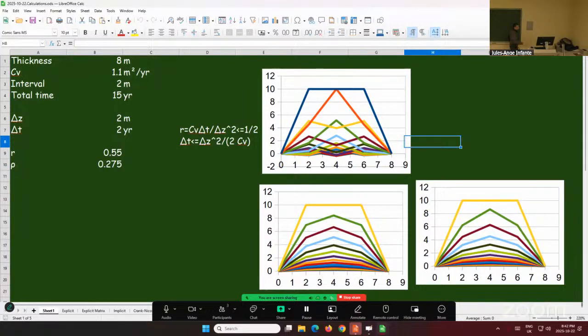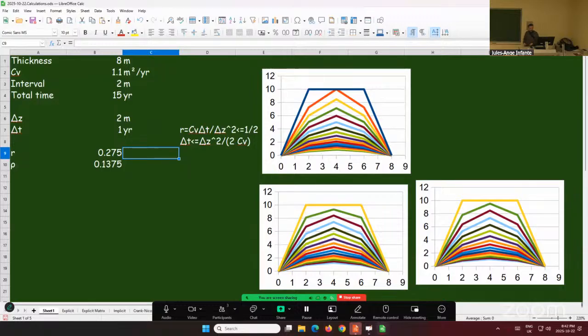Let's change the time step here to 1 year. We cannot have any movement in the explicit one until the time starts going by, because we're only affected by the direct neighbors.